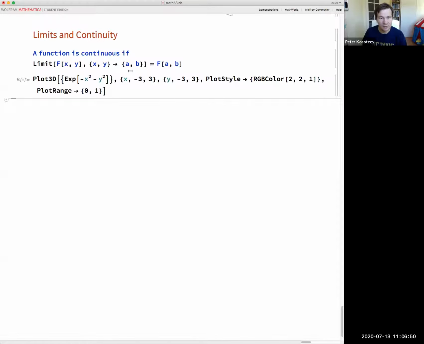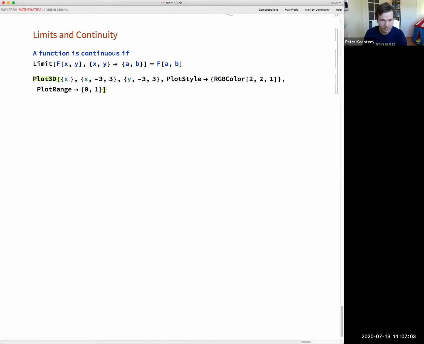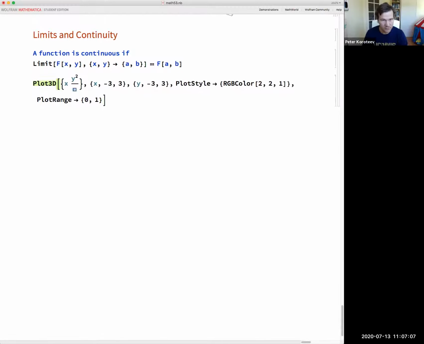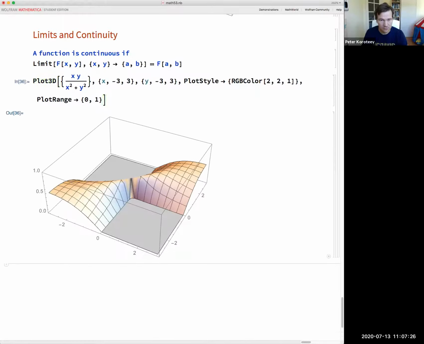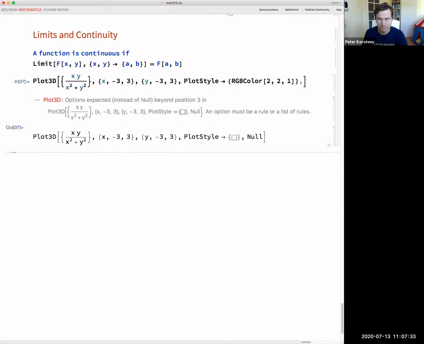Now, it may happen that the limits along different paths, along different trajectories, exist, but they're different. So here's an example. There you go.